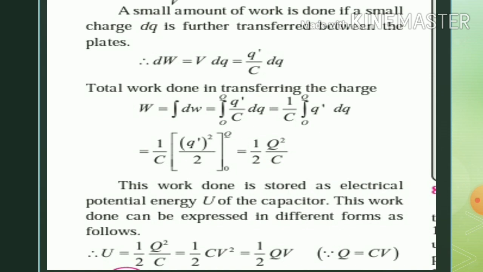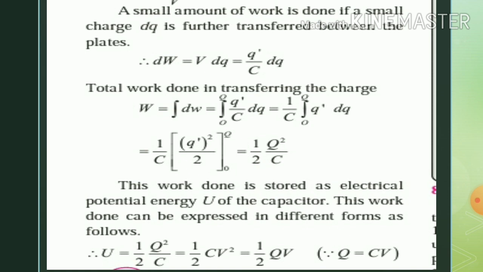The first form is U equals 1/2 Q square upon C. This electrostatic potential energy is in the form of charge and capacity.